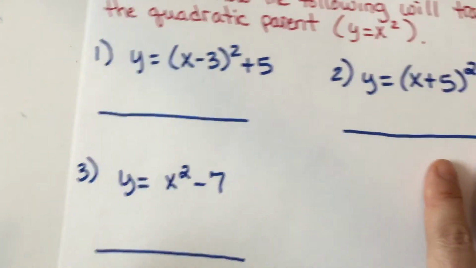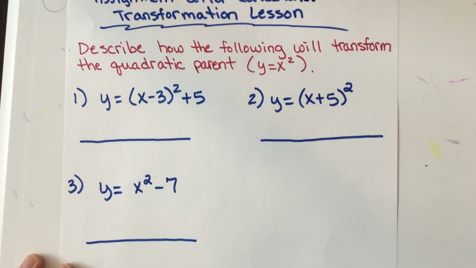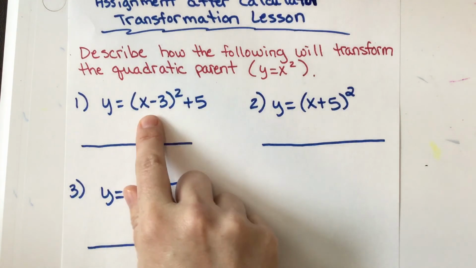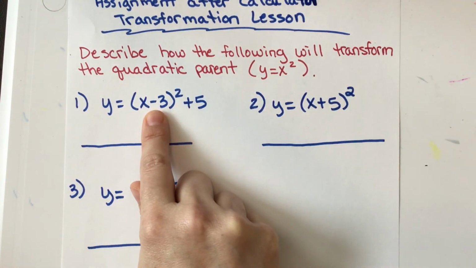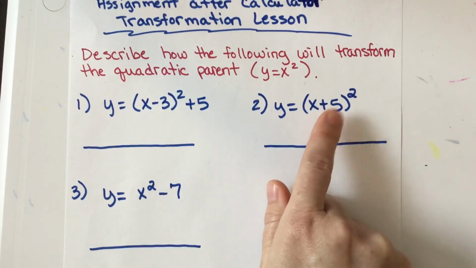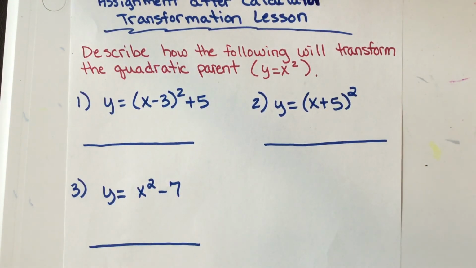Okay, so what I would like to see you do is tell me what's going to happen to these according to everything we just saw. Is it going to make it go left or right, up or down, left or right, up or down? I don't have any stretches or compressions or reflections in this.